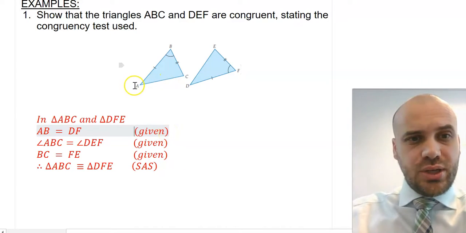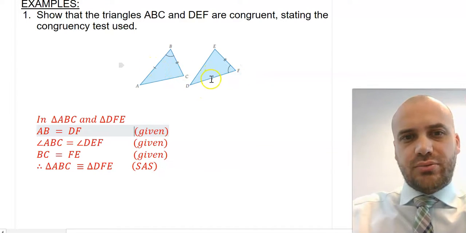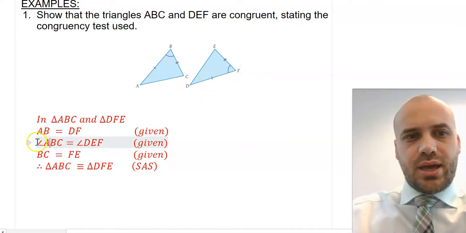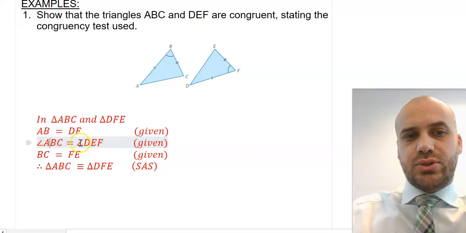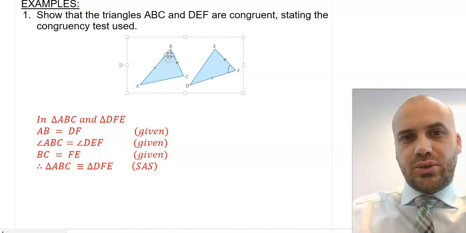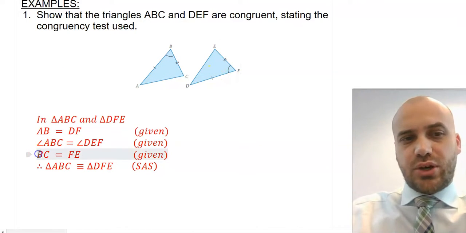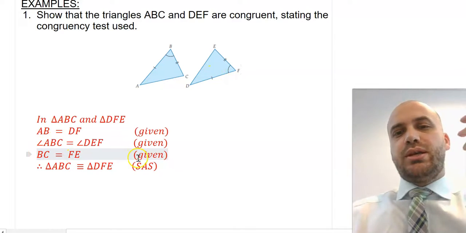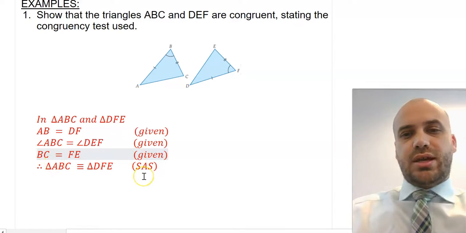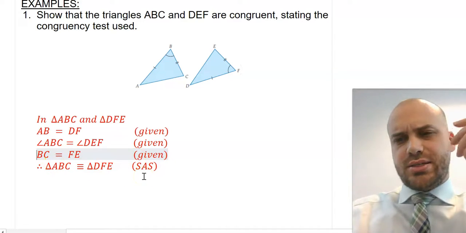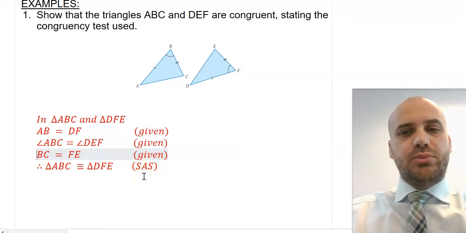Same here, angle ABC is equal to angle DEF, and we're told that because they're drawn in with that little line there. And we're also told BCE equals FE, and we're given that. So SAS. You can see that each line has a reason that it would be true.